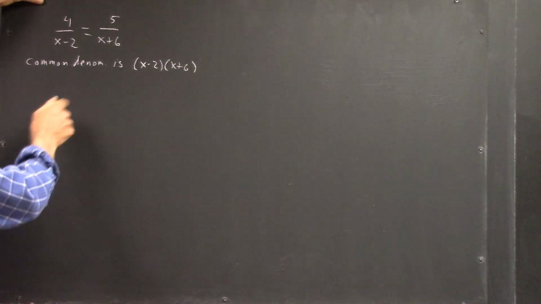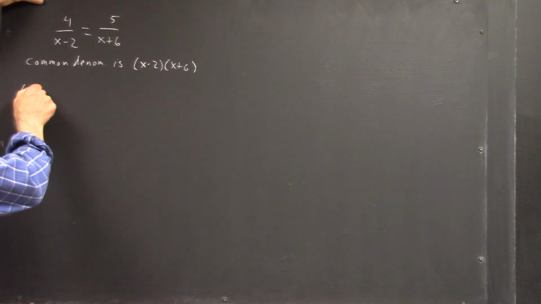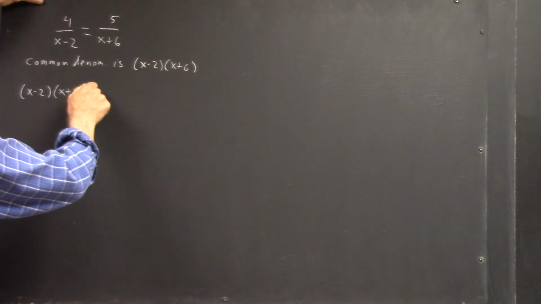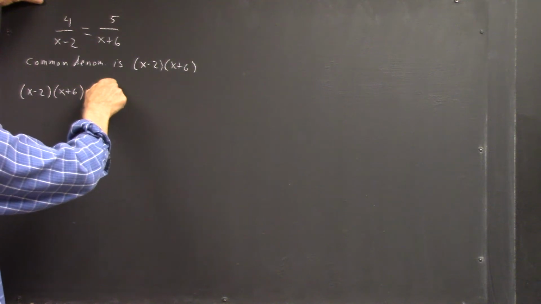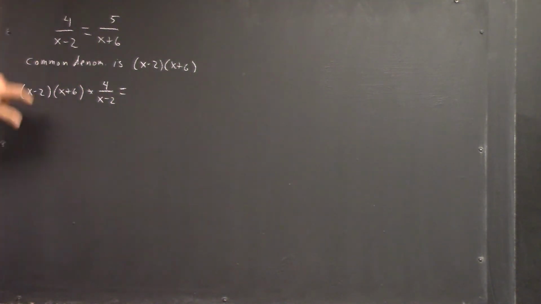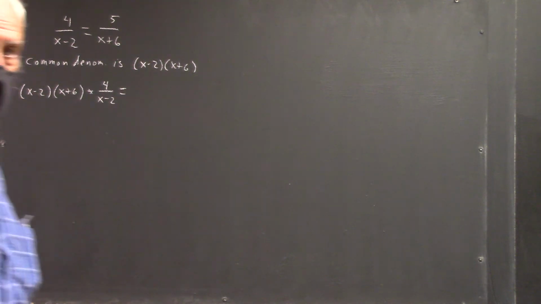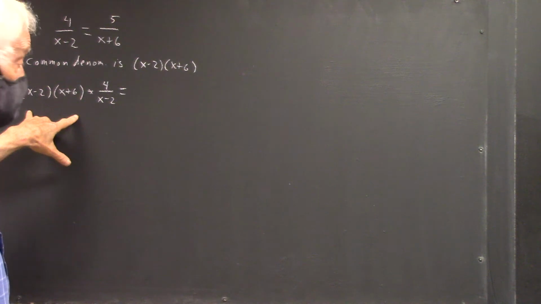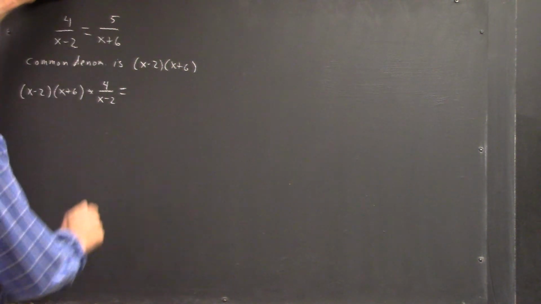So, you multiply both sides by x minus 2 times x plus 6. I've multiplied this side by this common denominator, so I've got to multiply this side.